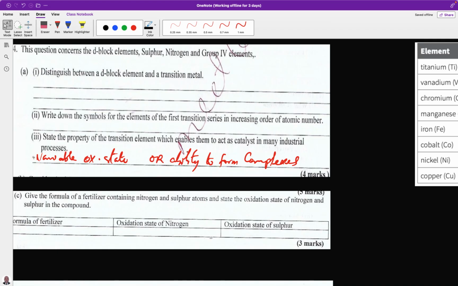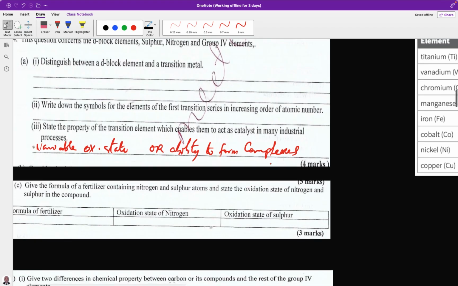So it will enable them to form reaction intermediate with suitable reactants. So you can either say they have variable oxidation state, which is a property, or you can say ability to form complexes. Either of the two is good. That's a good property that will enable catalysts to act in an industrial setting.